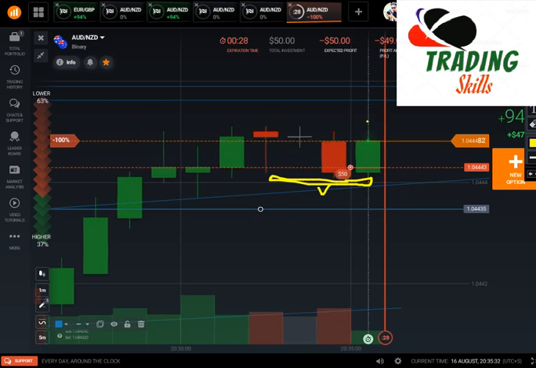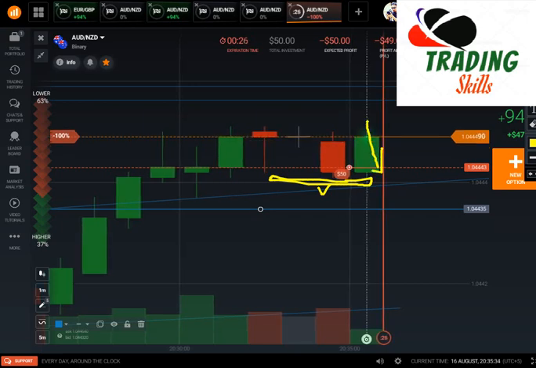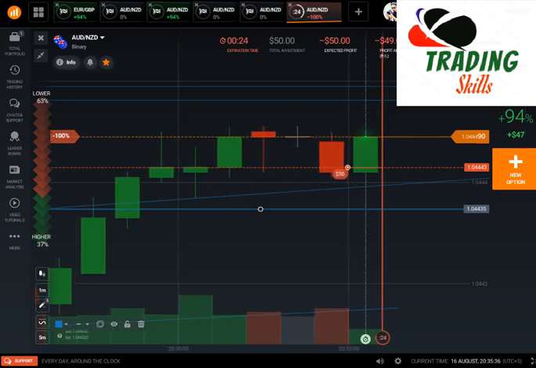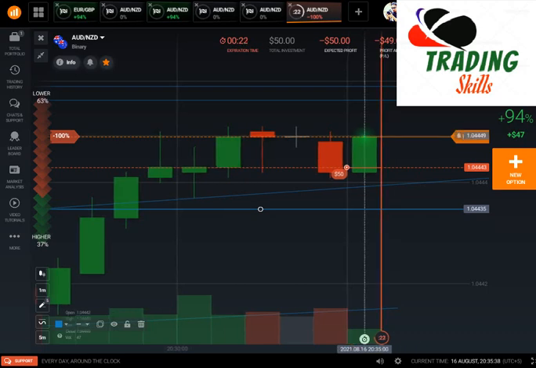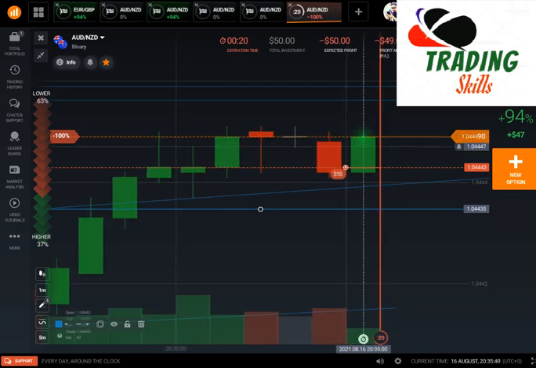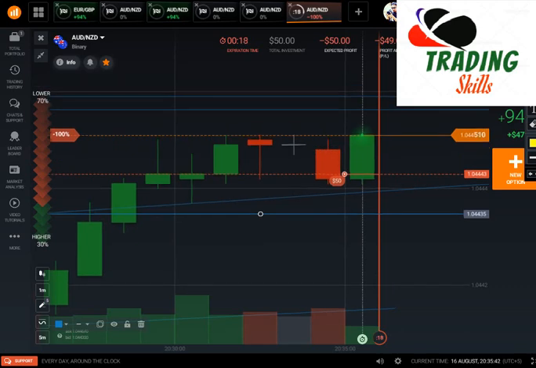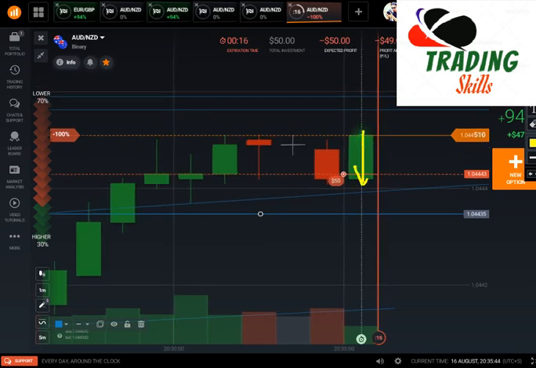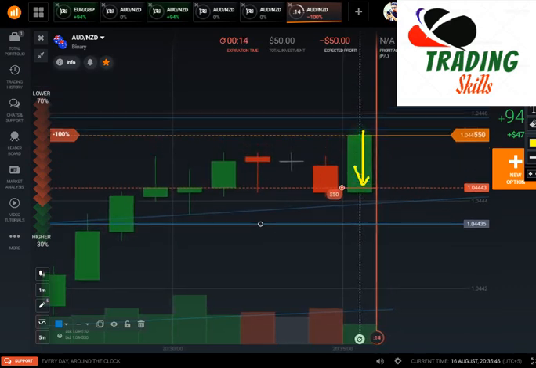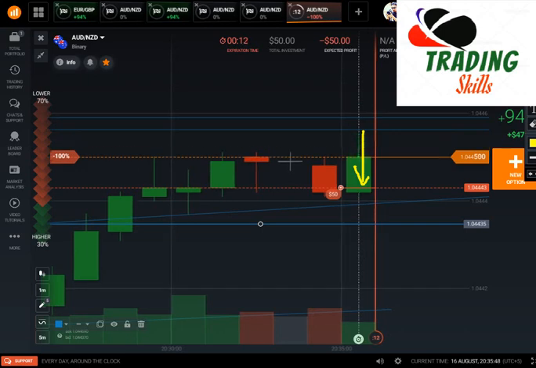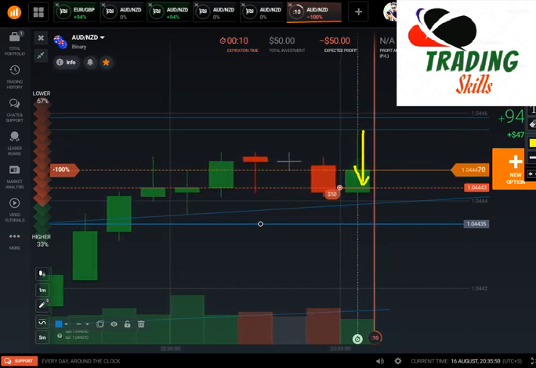So I will wait here and we will see what happens. We can get a huge rejection from the upper side. It has to come down again. It has to get a big rejection and it has to close as a bearish.